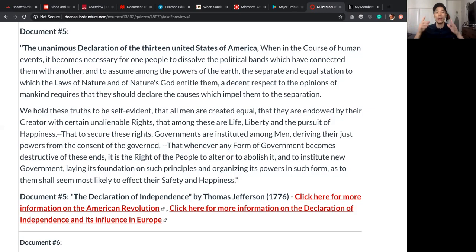And here's where we shift to the revolutions themselves. In document number 5, this should be very familiar to you. This is the Declaration of Independence written by Thomas Jefferson. Jefferson lays out the argument as to why the Americans were going to declare their independence from the monarchy.